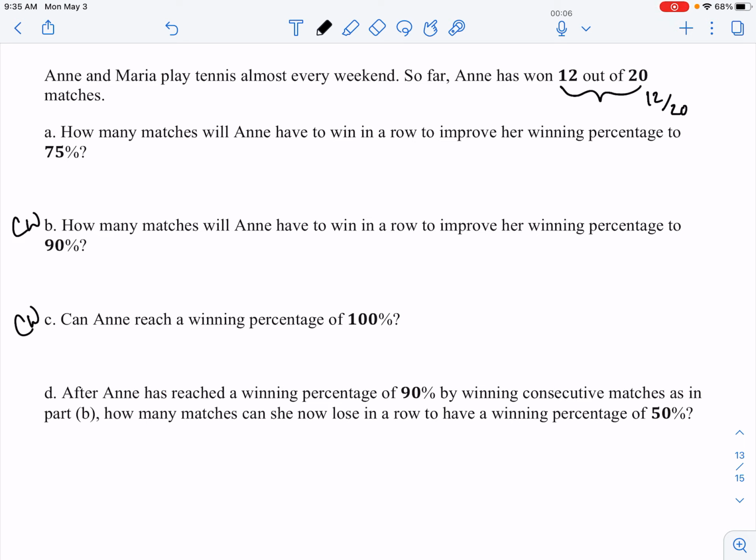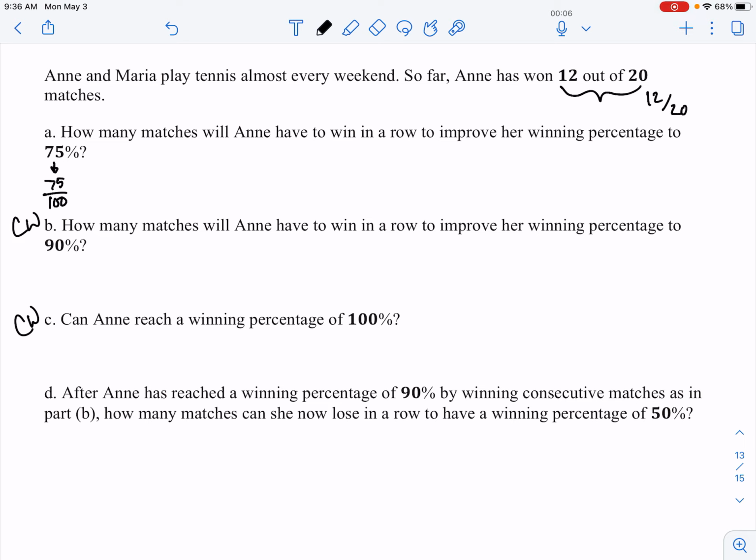How many matches will Ann have to win in a row to improve her winning percentage to 75%? Again, a percentage is nothing more than a fraction as well. And since we're talking about rationals, I'm going to change the percentage to a fraction. To do that, you just put your percent all over 100.